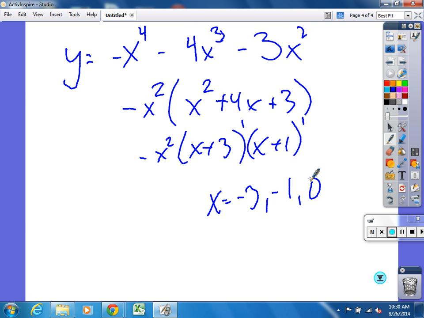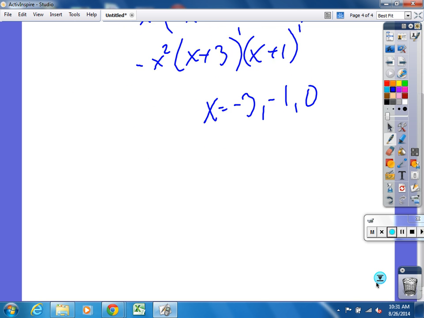Okay, but what is 0's multiplicity? It's a 2, because that's being something squared. He has an even multiplicity. Okay, does that make sense? So we come down here. Negative 3. Negative 1.